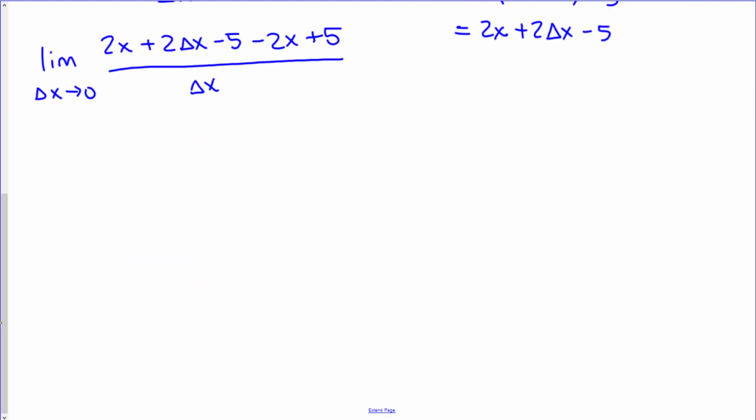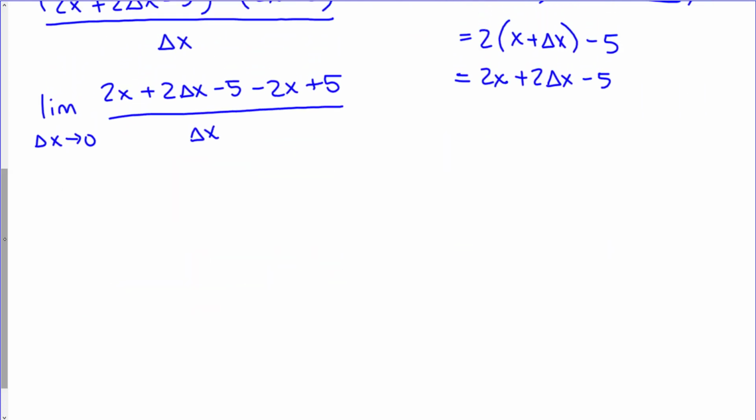So in the next step, I still have a limit to calculate. As delta x goes to 0, in this particular situation, I have a negative 5 and a positive 5 which cancel, positive 2x and negative 2x which cancel. So that leaves me with 2 delta x over delta x.